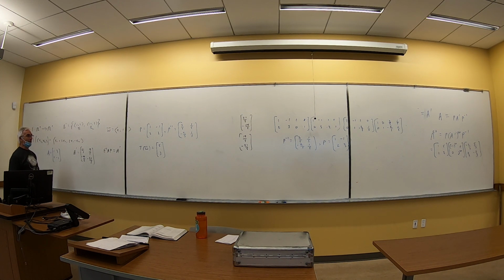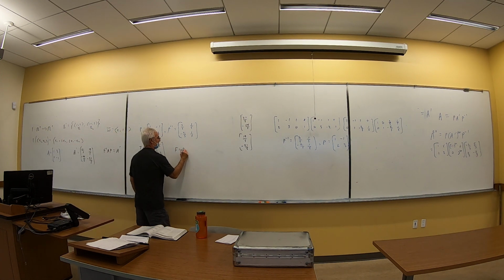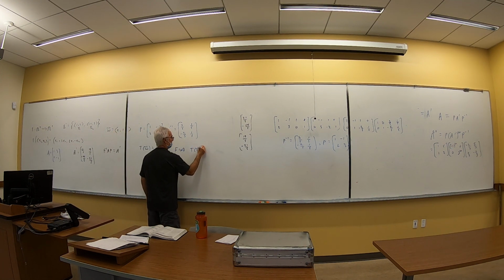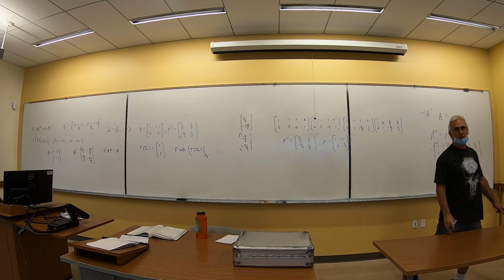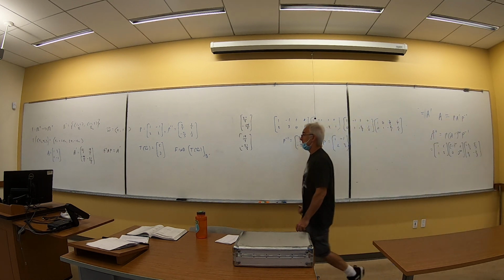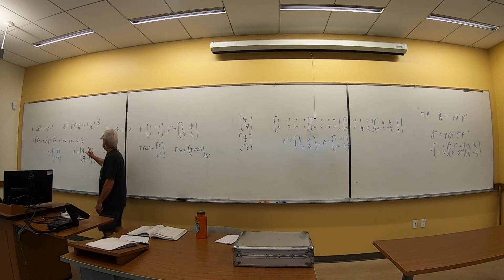All right, so this is relative to the standard basis. How do I find this? Well, one way of doing it, the way we did it before, was take 5, 3, and write it as a linear combination of these guys.